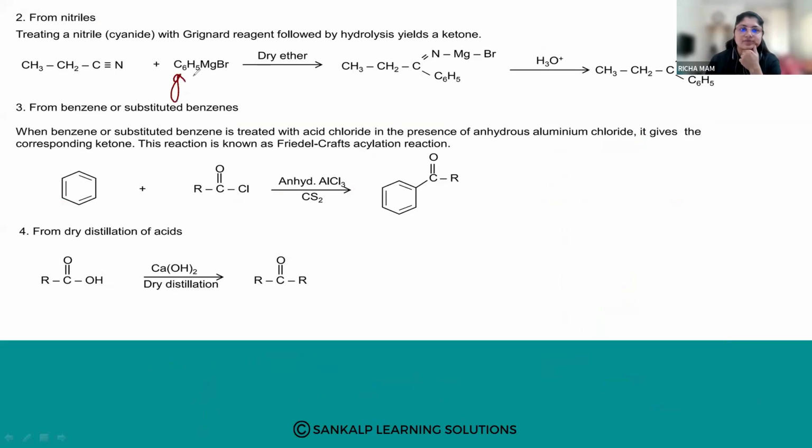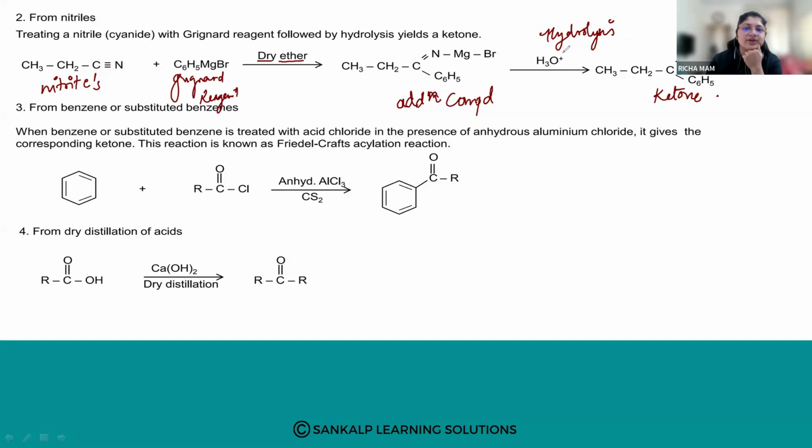Nitriles react with Grignard reagent in the presence of dry ether and give you an addition compound, which upon hydrolysis will give you ketone.